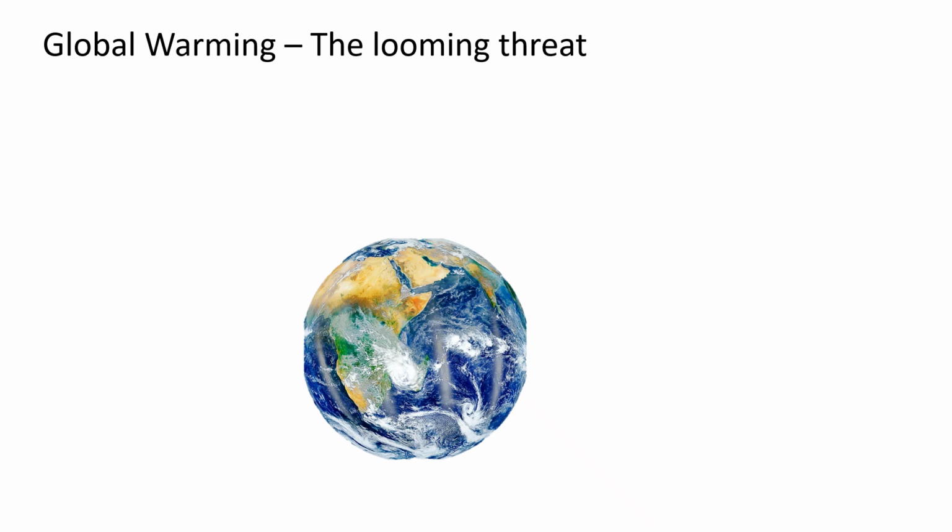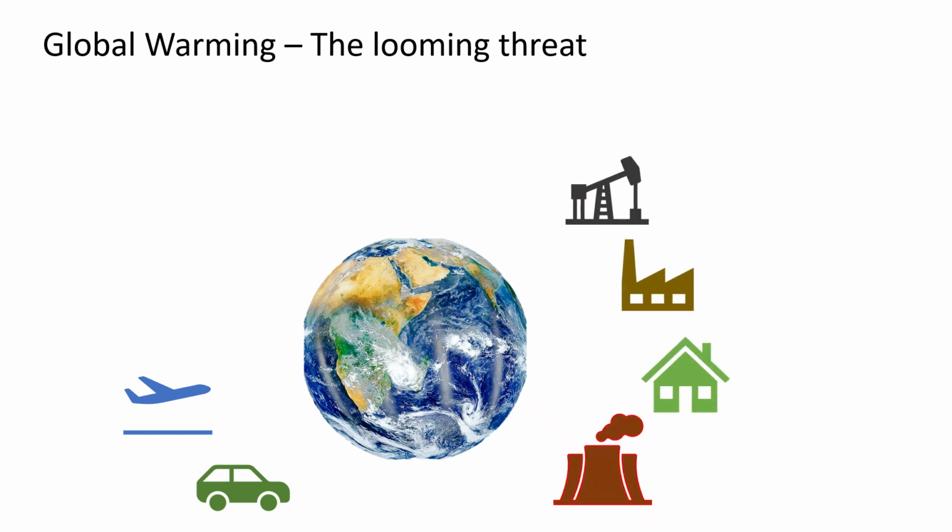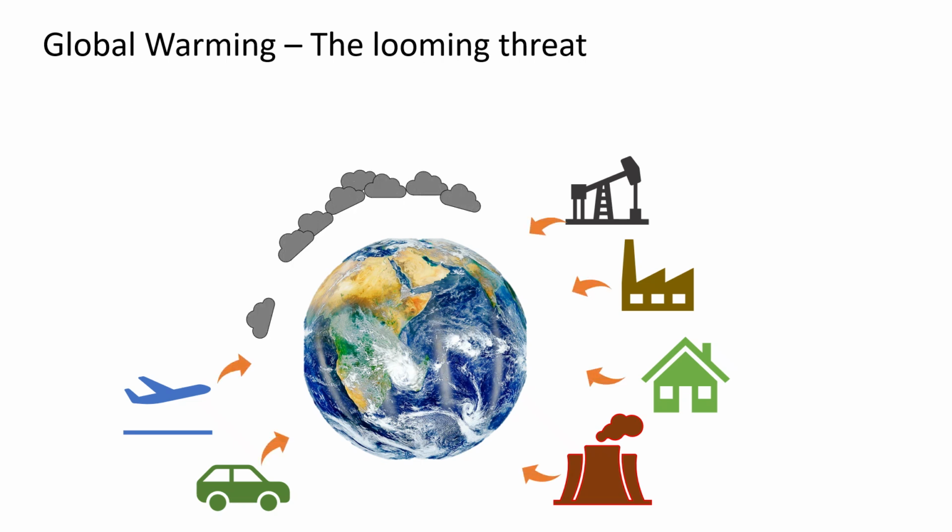Now, let's understand what is global warming, and then we'll get to the first pillar of sustainability, which is environment. So, this is Earth, right? And there are various activities that happen on Earth, whether it is traveling, industries, housing, oil mining, and all of these contribute towards gases or carbon emissions.